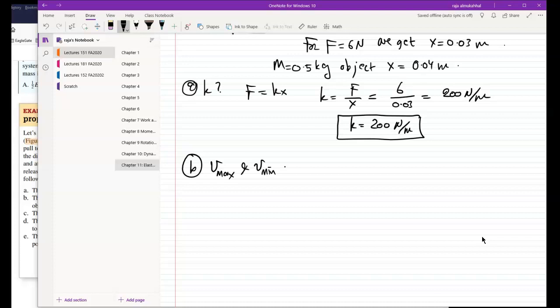So where does the Vmax occur? Well, when the kinetic energy is maximum and the potential is 0. You remember? Now where does that occur? It occurs at x equals 0.